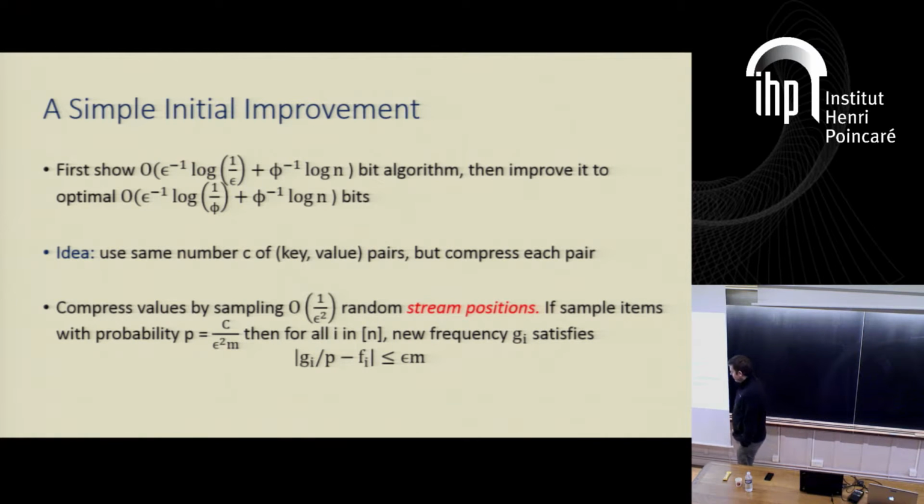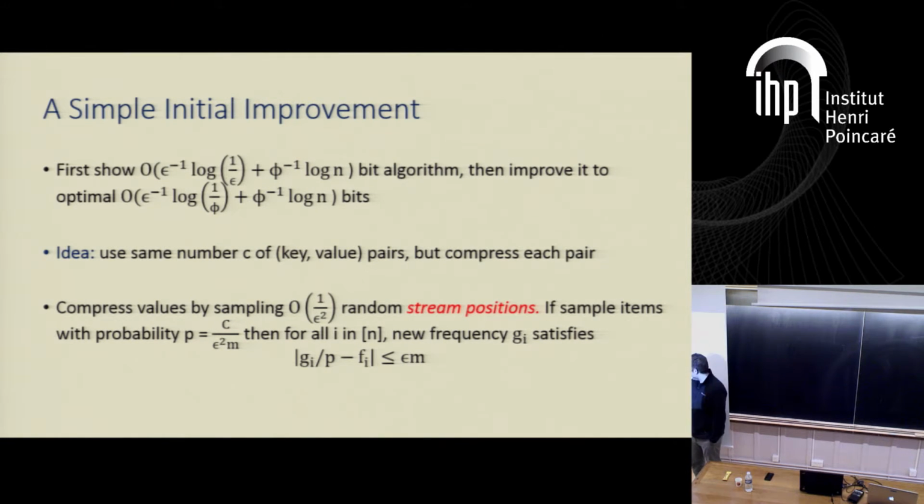So the observation here is if I sample 1 over epsilon squared random stream positions, then simultaneously for all items i, if I look at the frequency g_i in the sampled stream, and I look at g_i over p, the expectation of that is just the original frequency. It's an unbiased estimator.